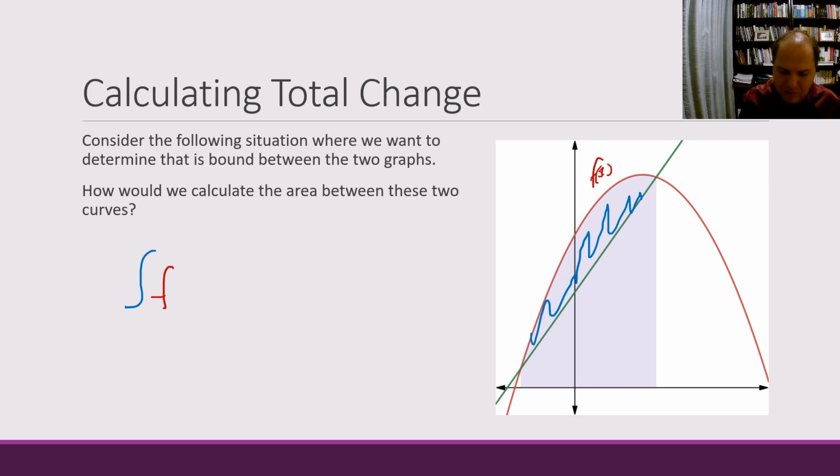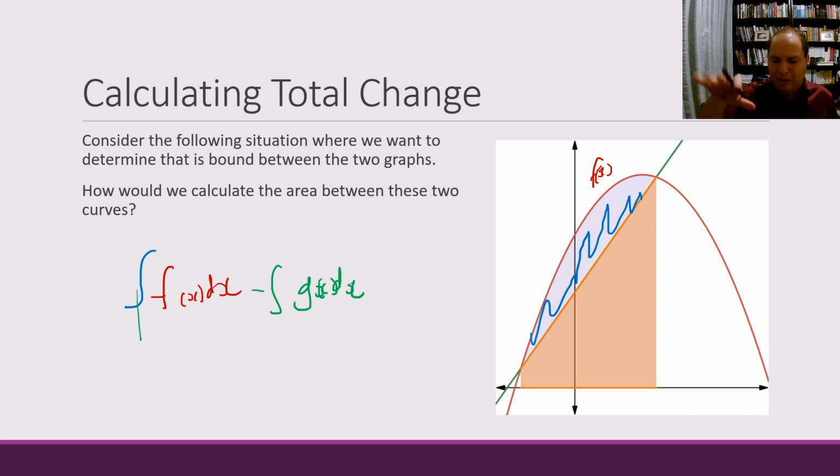So the integral of f of x dx will give us the area under the red curve. Then if we take away the area underneath the green curve, let's call that one g, that should give us the area in between.